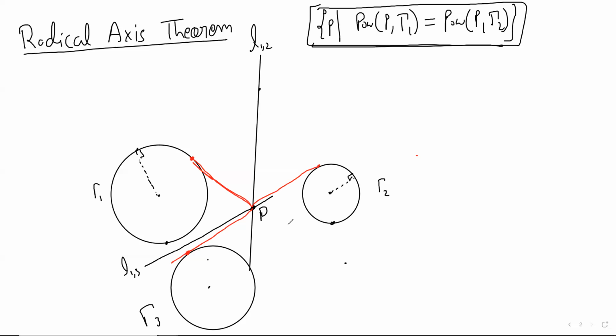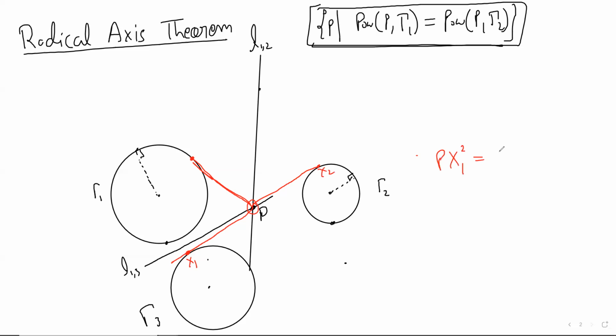That's it, right? So what does it mean? It means that from this point P, when you draw the tangent to the three circles, they all have the same length. So what have we said?